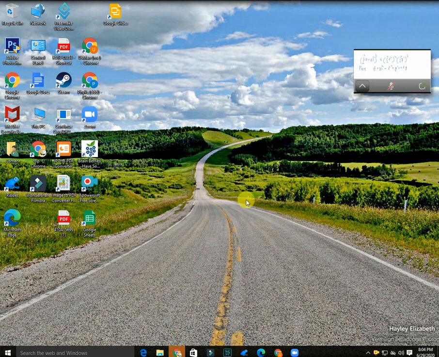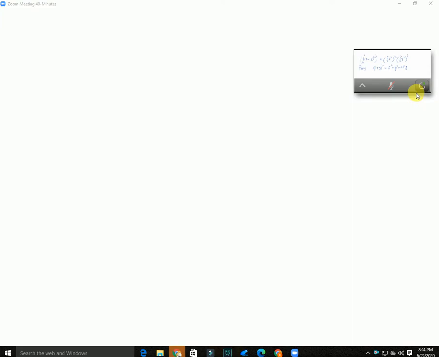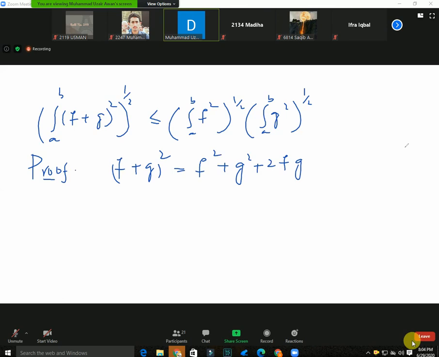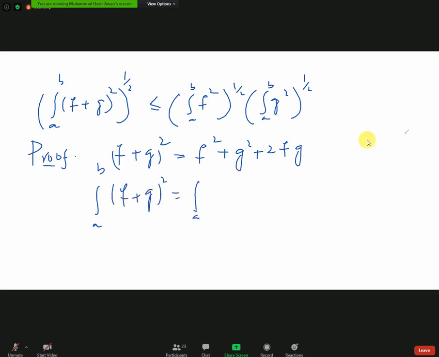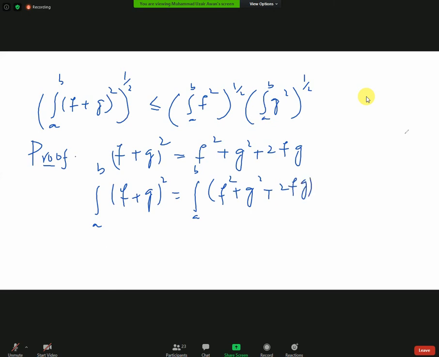We know that if f and g are integrable, then fg is also integrable, and f square and g square respectively are also integrable. So taking integration from a to b, we get f square plus g square plus 2fg.